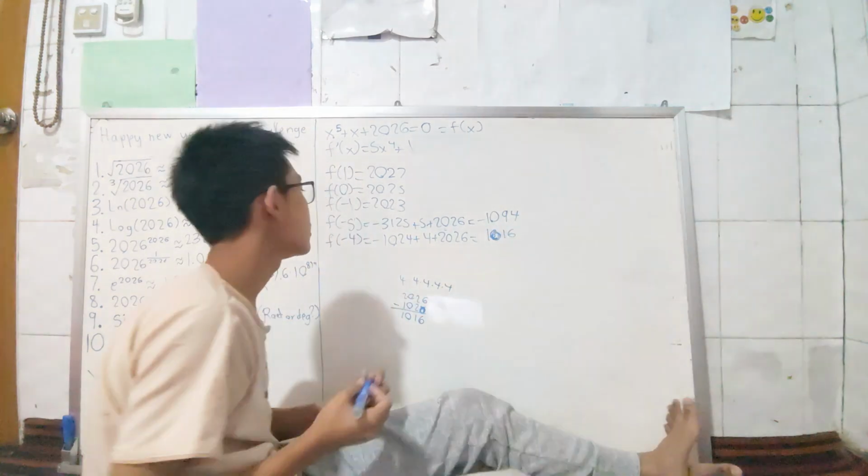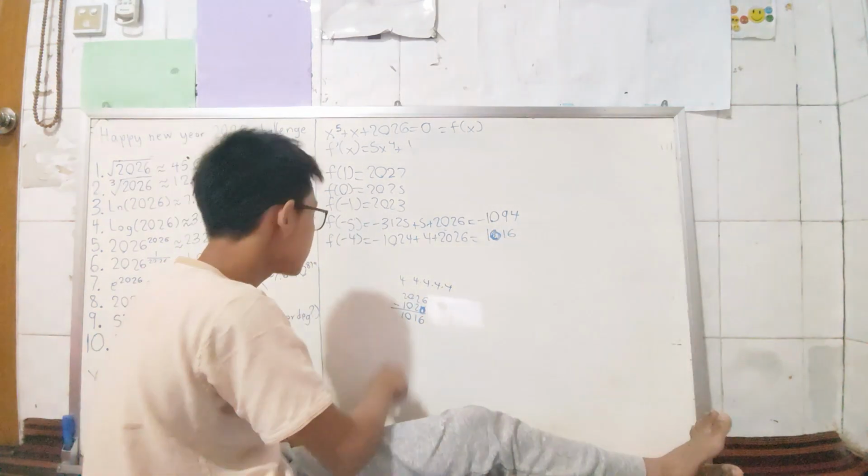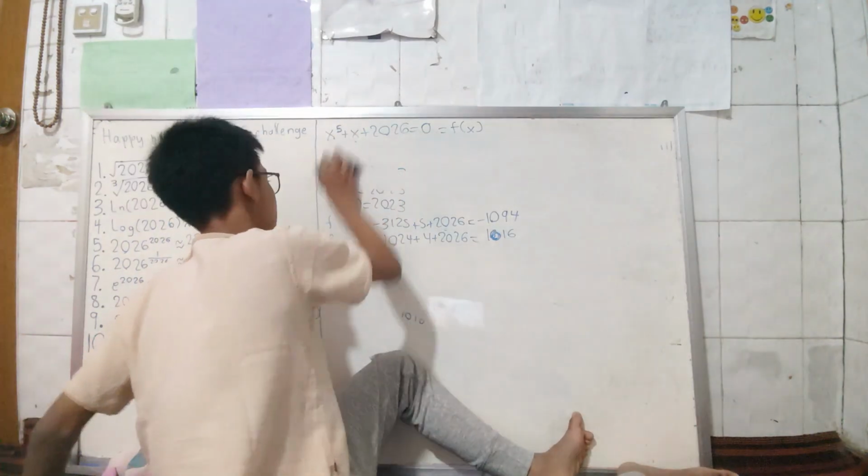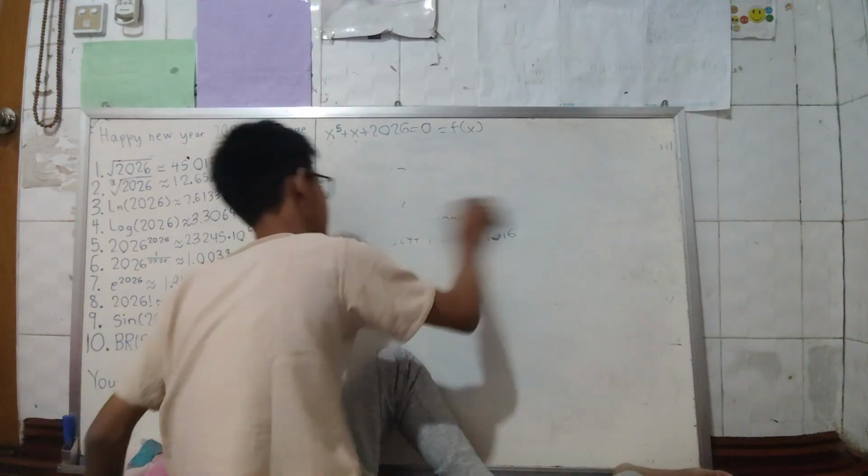I think that's gonna be halfway between them, so let's just use negative 4.5 as our first guess.